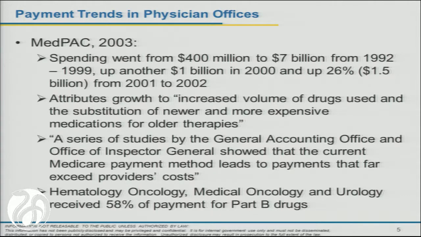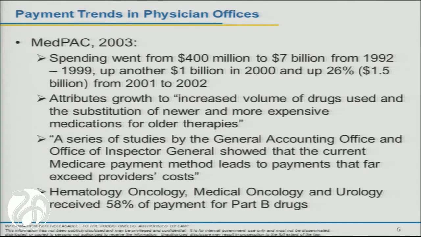The issues that I think we found with average wholesale price are illustrated in this slide and the bullet points in this slide. Spending went from $400 million for these drugs in physician offices to $7 billion in 1992.